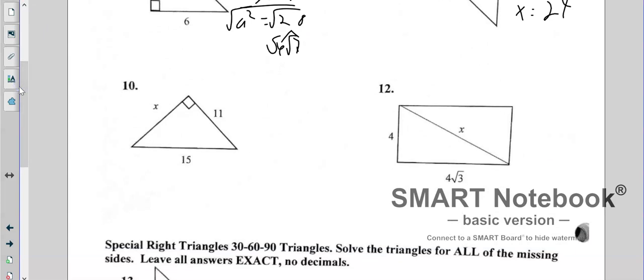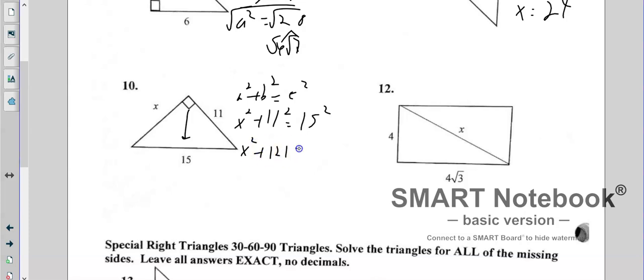Number 10, on this one, again, we have c, so be careful. A squared plus b squared equals c squared. So if you want to, you can put x squared plus 11 squared equals 15 squared. That's x squared plus 121 equals 225.